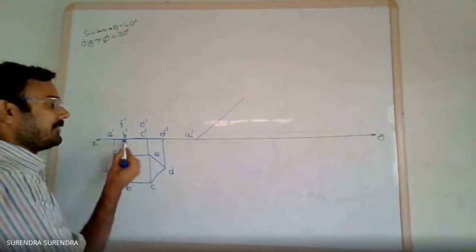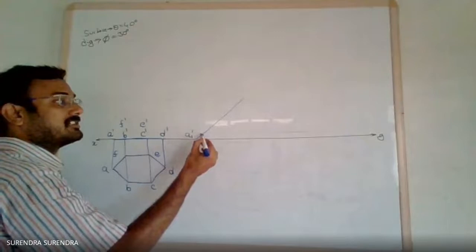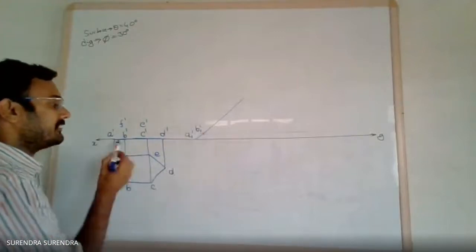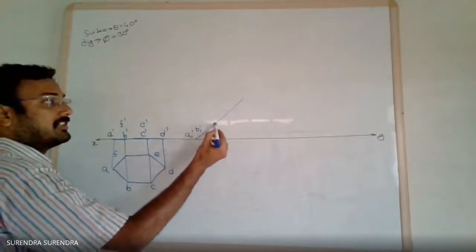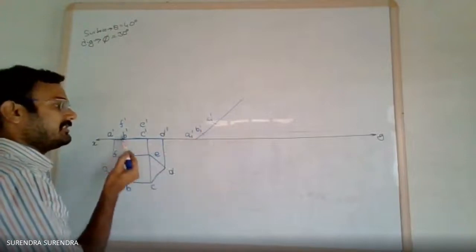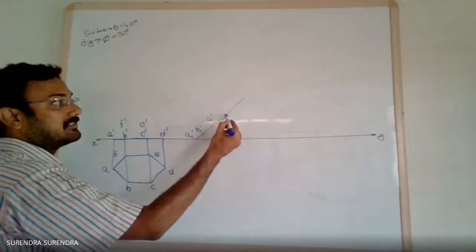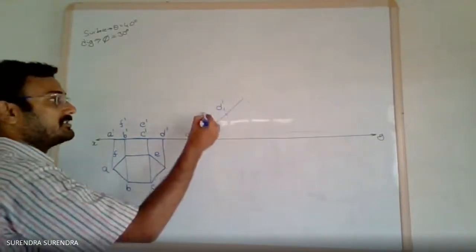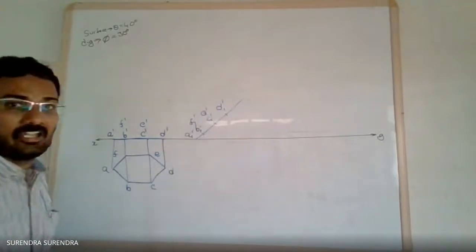Measure the distance from A to B. With A1 dash as center, draw an arc. It is B1 dash. Measure the distance from A to C. With A as center, draw an arc. C1 dash. Measure the distance from A to D. With A as center, D1 dash. And these are also the points E1 dash and F1 dash.